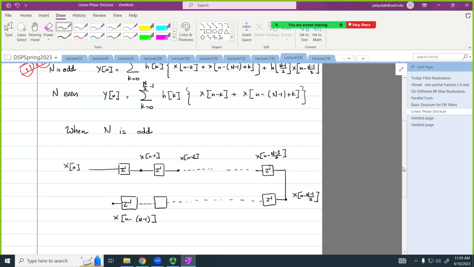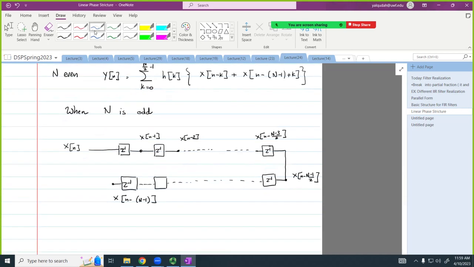So now what we're going to do is take these terms and add them together. We're going to add this term, this term, this term, and this term.